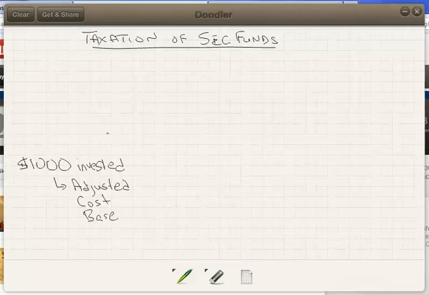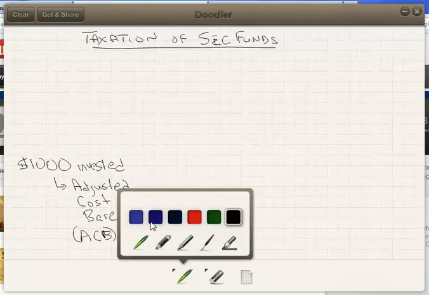With seg funds, we're dealing with adjusted cost base, ACB, which means it's subject to the same treatment as other capital property. That'll be that 50% taxation that we're used to now, where only half of your gain or loss is taxed. So you have $1,000 invested.